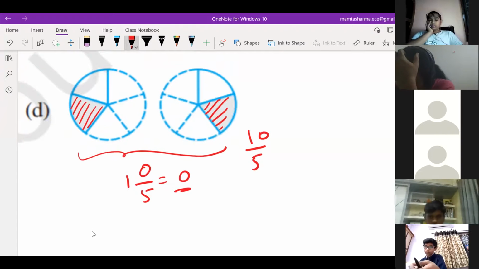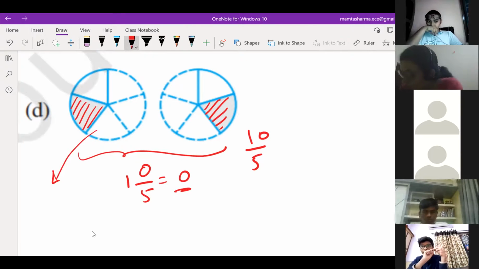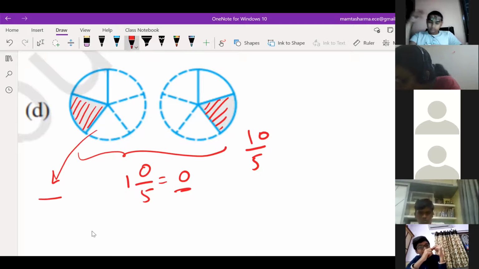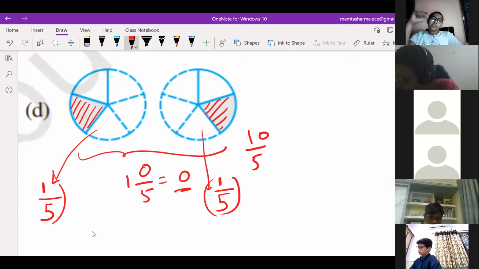See, how many total parts are there in the first circle? 1, 2, 3, 4, 5. Okay, 5. So first convert this circle into a fraction. There are total 5 parts and 1 is shaded. Here the same thing. The total number of parts are 5 and 1 is shaded. So you have converted this circle into a proper fraction.